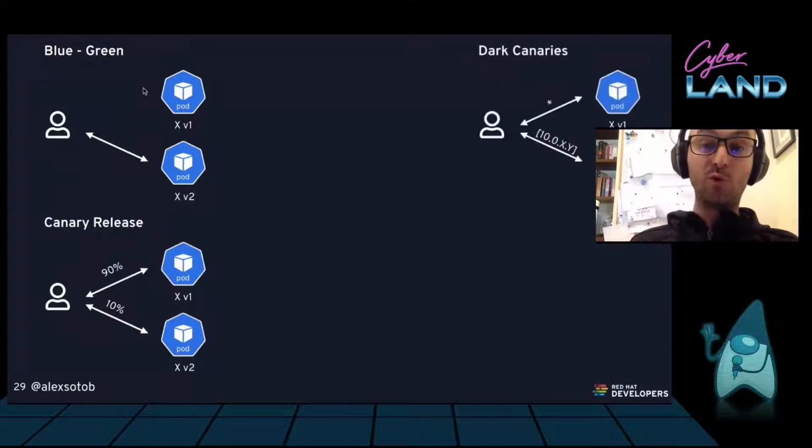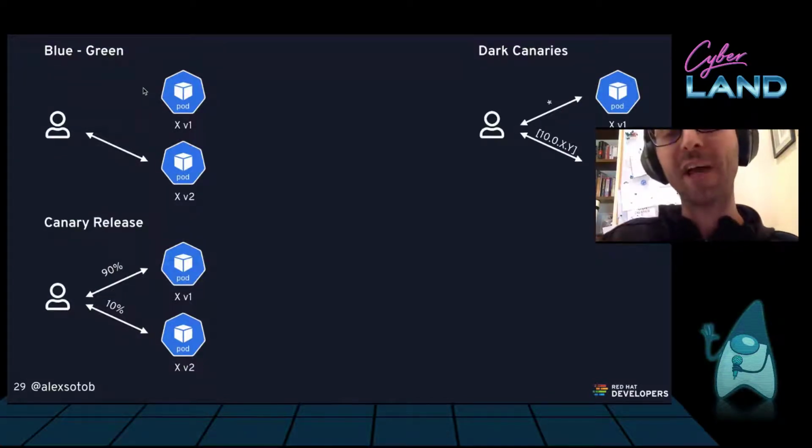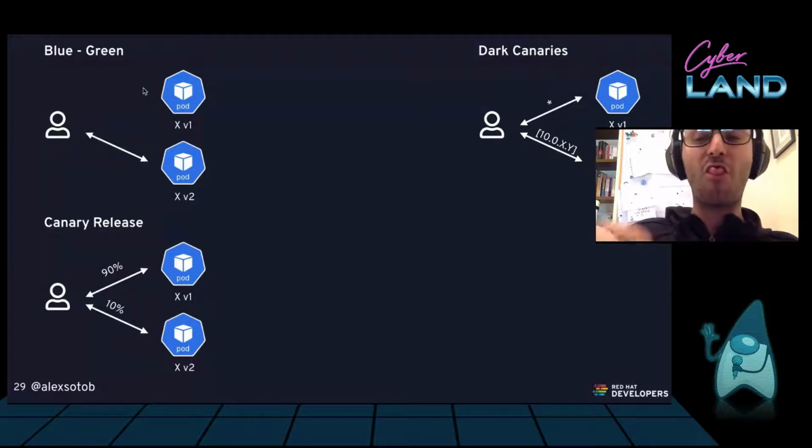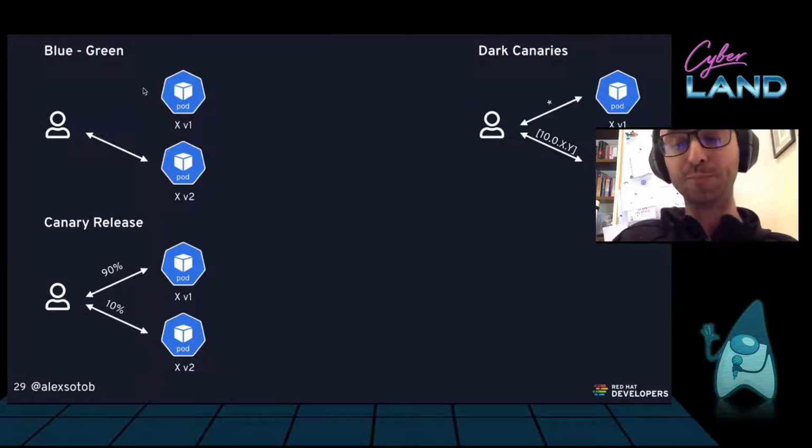Another thing, since you are manipulating all the traffic, you can do any kind of routing with the traffic. Instead of routing the traffic by percentage, you can do it by some specific attributes that you define. For example, I want to send all the traffic to service V1, but if the range of IPs of the requests are inside this range, then send it to the version V2.